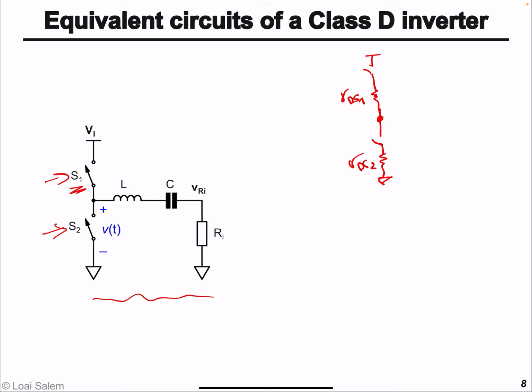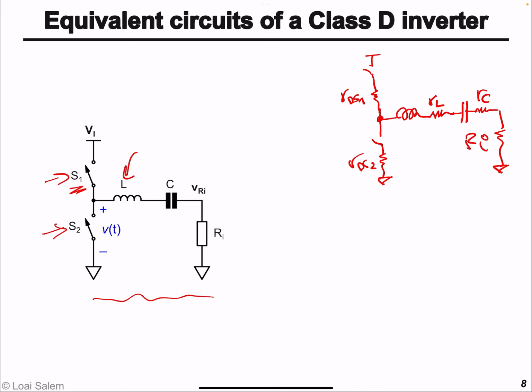Then we have the inductor L, which has an equivalent series resistance, let's call it small r L. And the capacitor also has an equivalent series resistance RC. And then we have the AC load Ri.